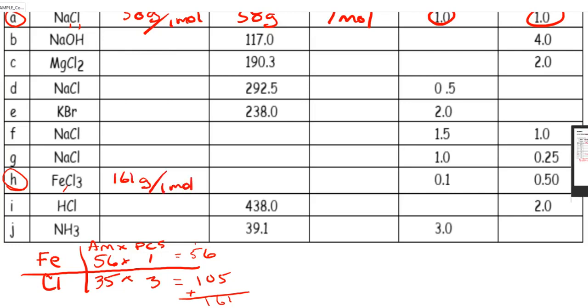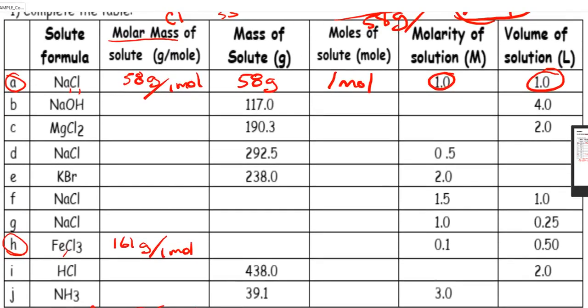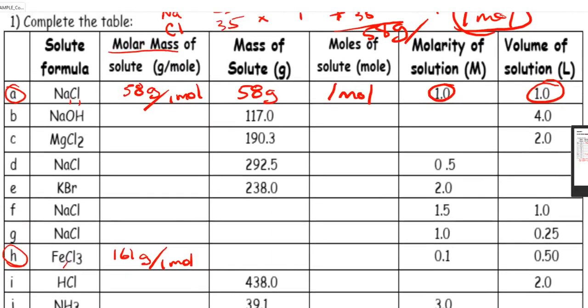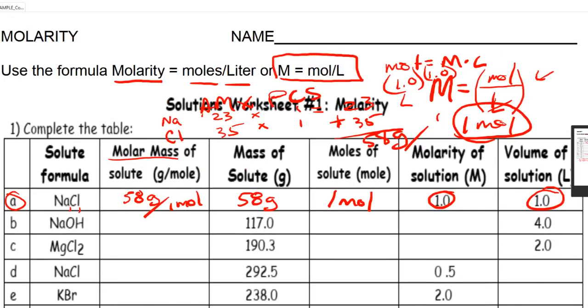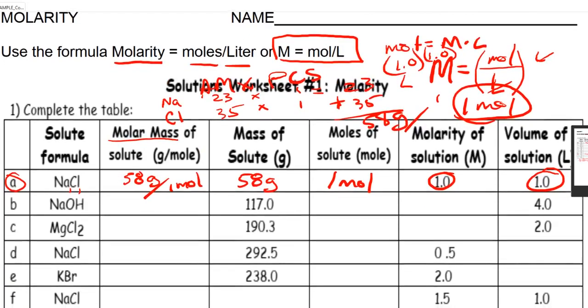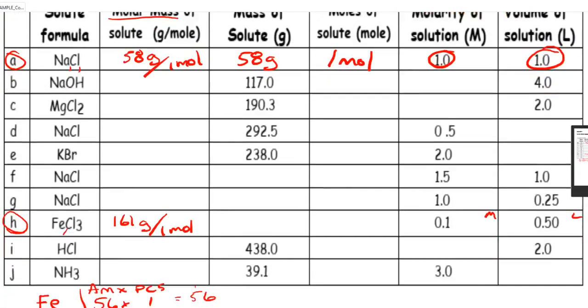Now we need to figure out the mass of the solute. Well, we can't figure that out until we figure out how many moles we have. We have molarity, and remember we reworked the formula, so moles equals M times L. Here's M and here's L. Let's double check. Yep.